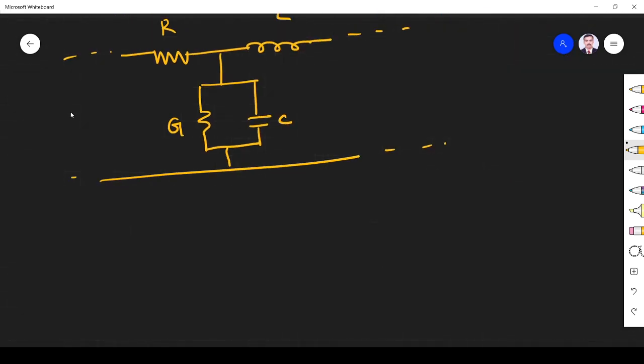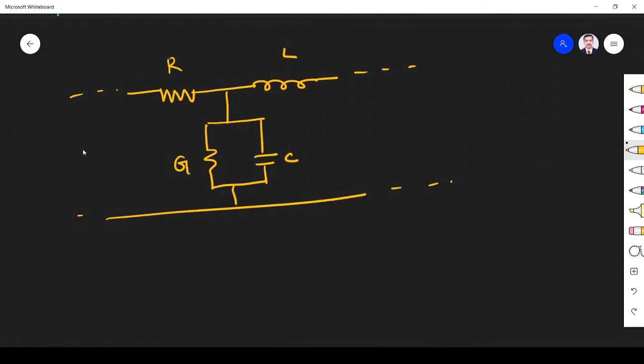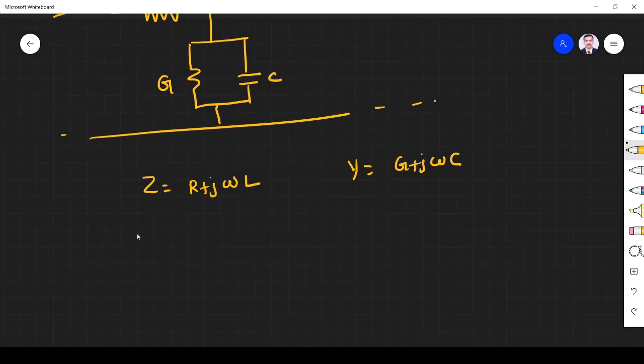Fine. Okay. Now we see what is the impedance of the circuit. Z is equal to R plus j omega L, right? And admittance Y is equal to G plus j omega C. Okay. So these are two important equations.